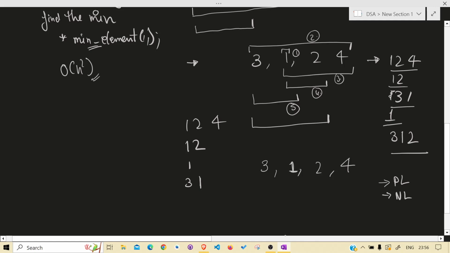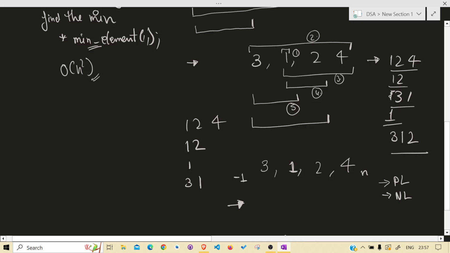For 1, what is the previous lowest? Take it here as -1. Nothing. And what is the next lowest? Take it here as n. Nothing.